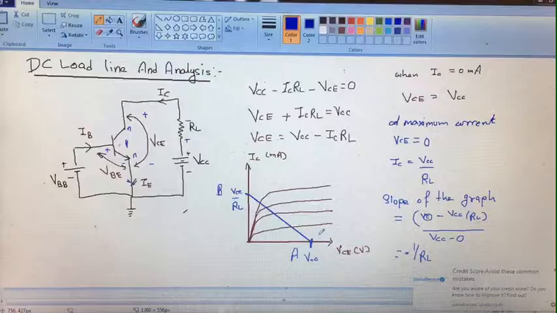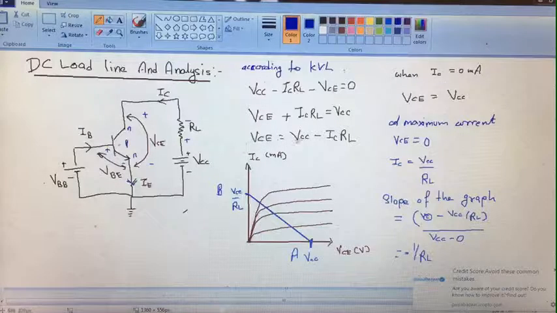So let's do a quick revision. In DC load line analysis, we write down the equation according to KVL. According to KVL, VCC minus ICRL minus VCE equal to 0. VCE plus ICRL is equal to VCC.